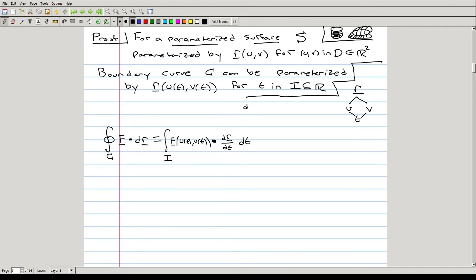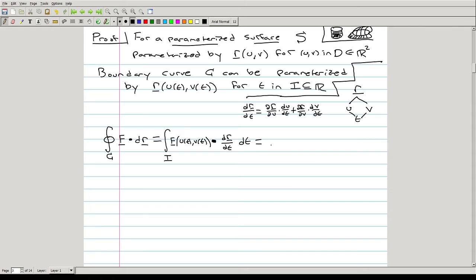And the chain rule is saying that dr/dt, remember, will be dr/du times du/dt plus dr/dv times dv/dt. This is the multivariable chain rule applied to this chain of dependence from multivariable calc class.